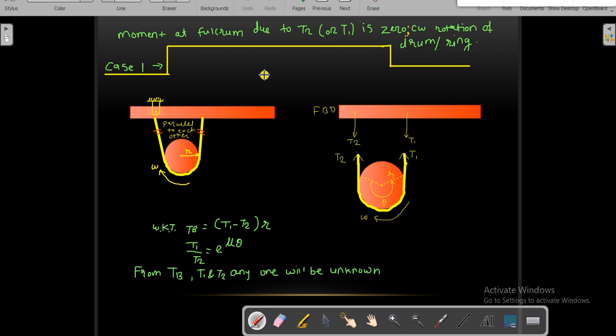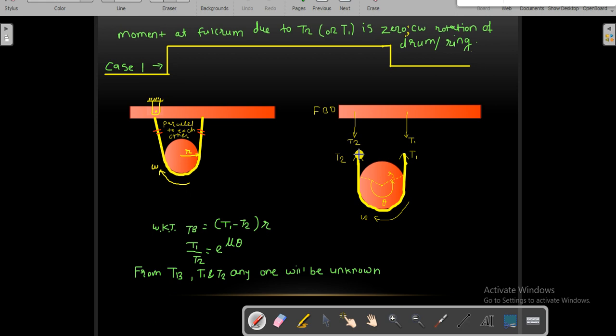Now we will see the two cases for the arrangement of the fulcrum, lever and the rotation of the wheel. First is when the moment at the fulcrum due to either tension T1 or T2 is 0. Let us say the line of action of T1 or T2 is in line with the fulcrum. Then the moment due to T2 will be T2 into distance, and the distance is 0 because the fulcrum is here.